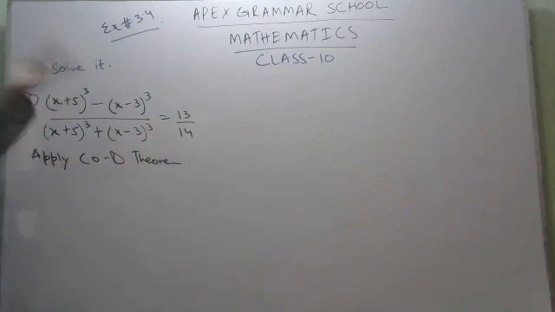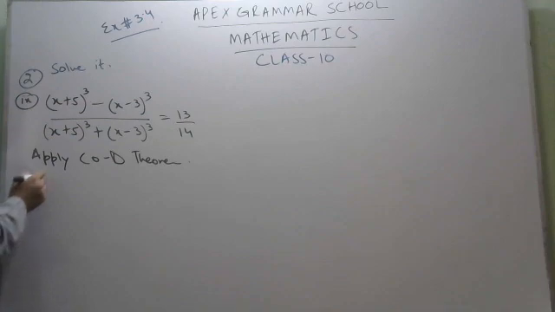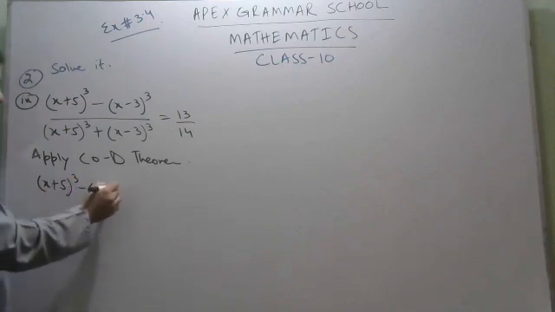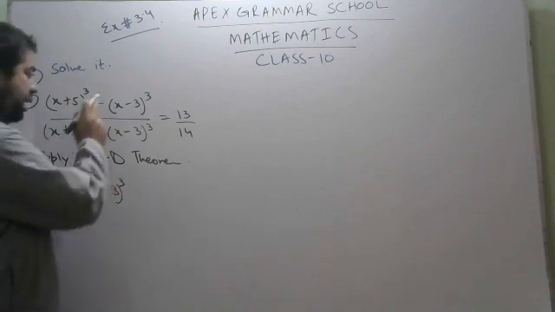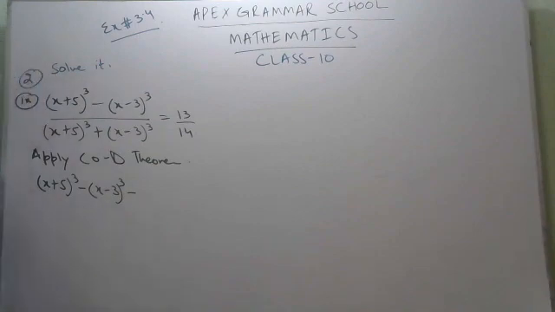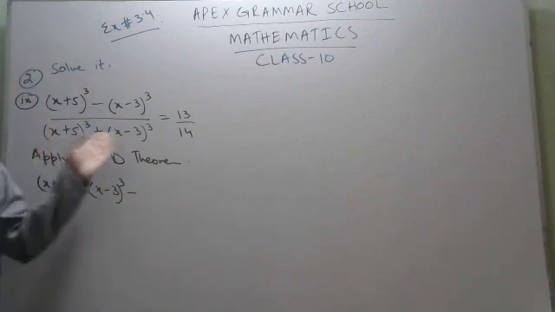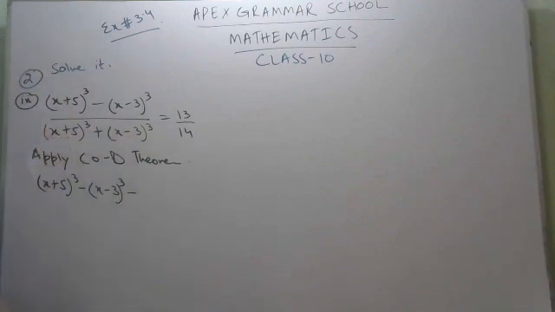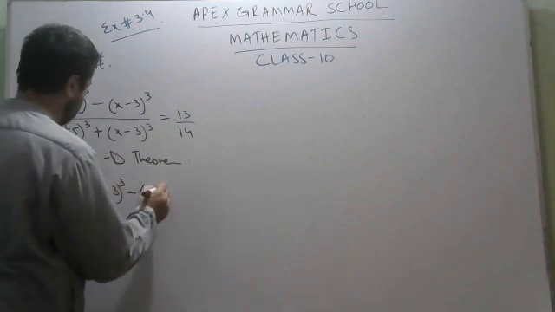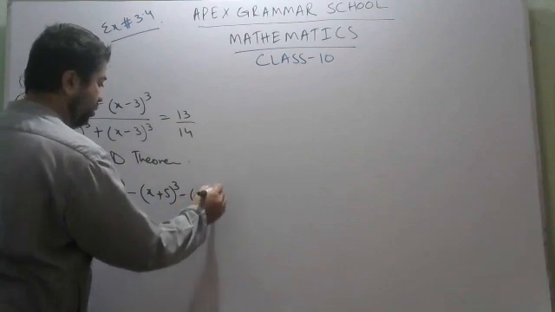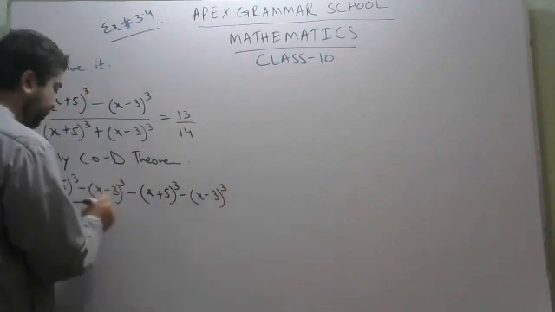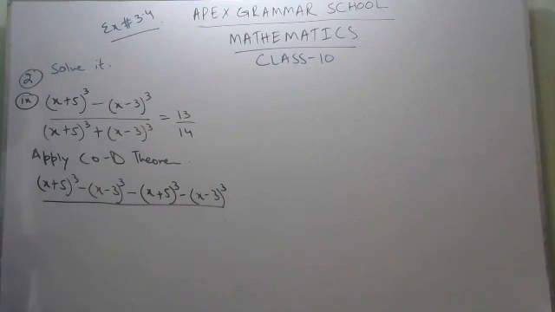First you need to write the numerator, that is x plus 5 whole cube. This is numerator, and then positive sign, or sorry, negative sign. After negative sign, you need to make change to all the signs, so both signs must be changed. Minus x minus 3. So now, numerator.